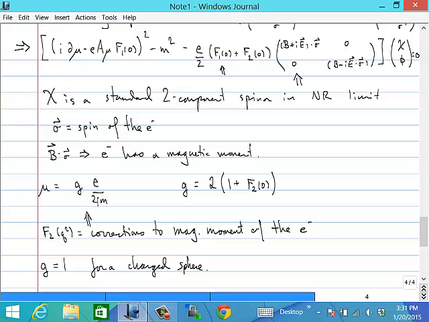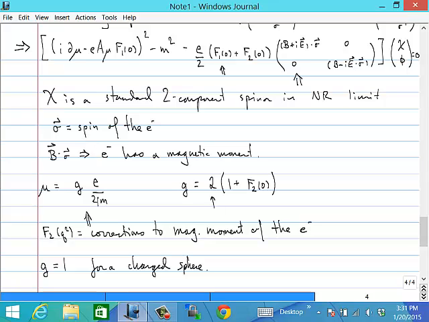So if you take a charged sphere with uniform charge distribution and you start spinning it, then it'll have a magnetic moment that is proportional to its angular momentum. And the Landé G factor for just a charged sphere is equal to 1. And so the fact that you get a 2 here, just using the Dirac equation, is already telling you something about how, in special relativity, the internal structure of an electron is constrained in some way. It's constrained so that G is equal to 2 rather than equal to 1.